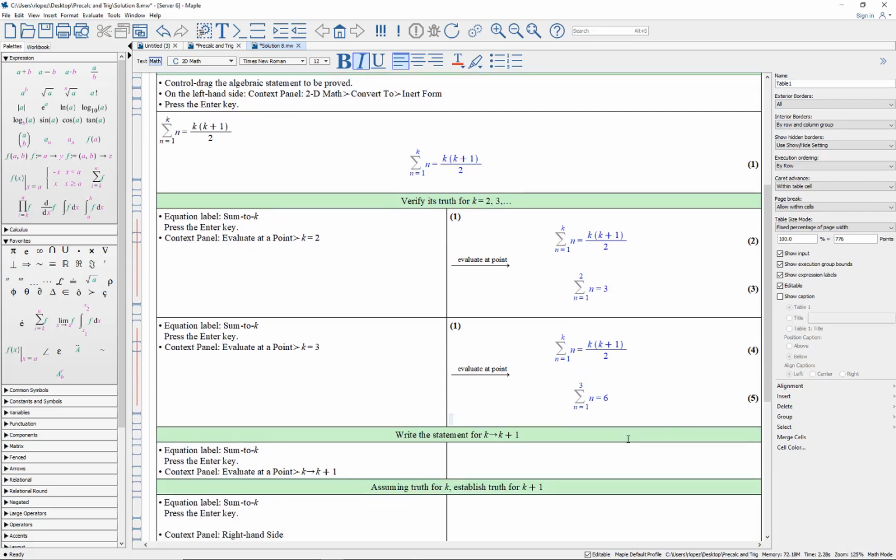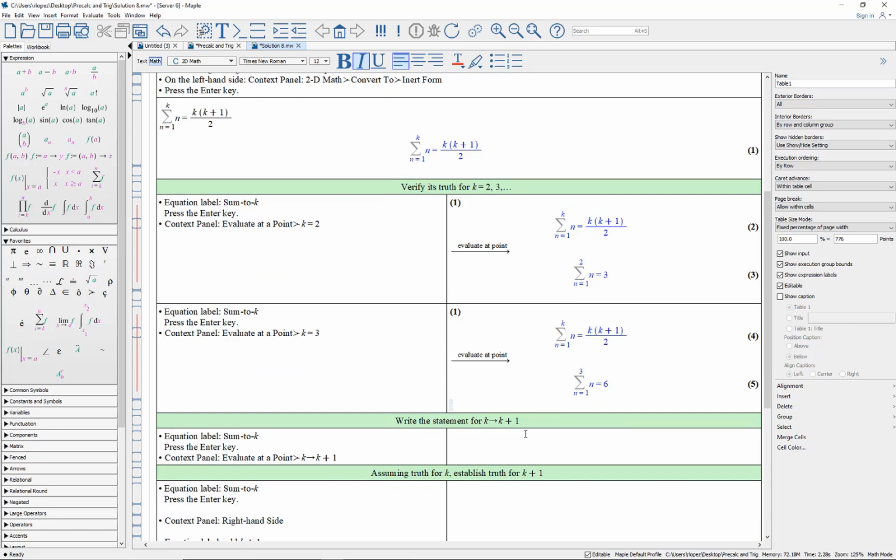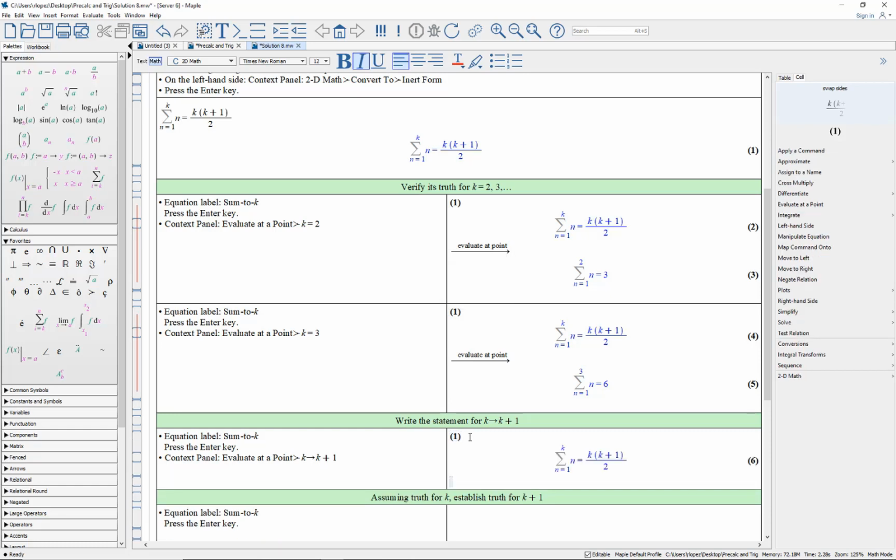So now you need to take the general statement. So what is the general statement? Here's the general statement. Now what does this look like when k becomes k plus 1? So what does the statement for k plus 1 look like?